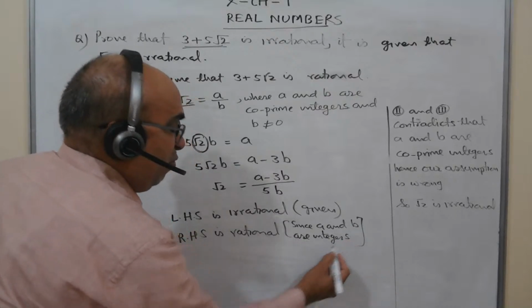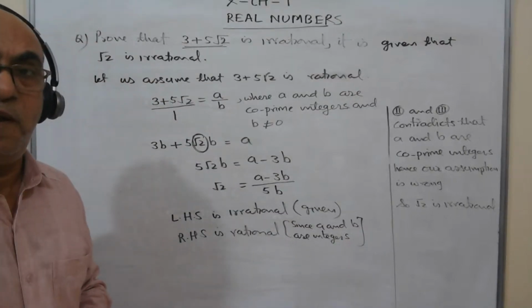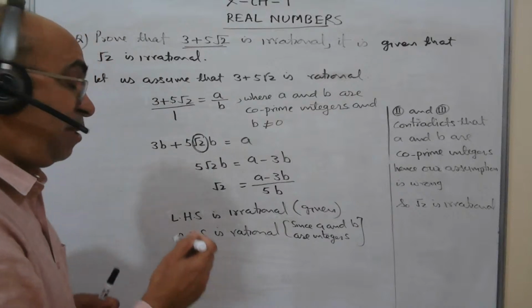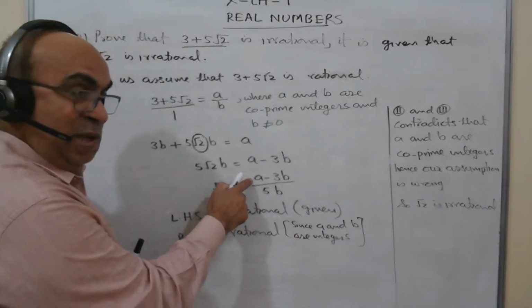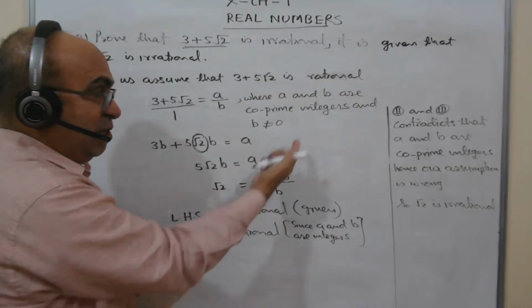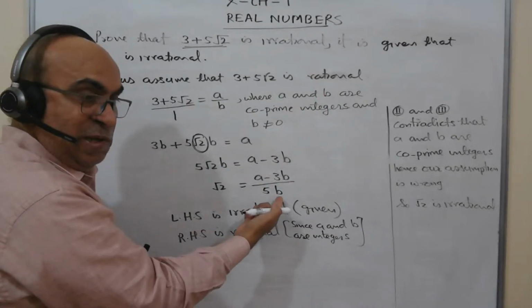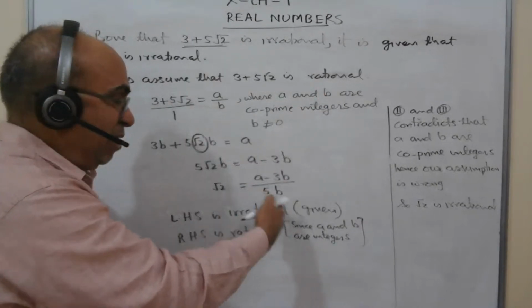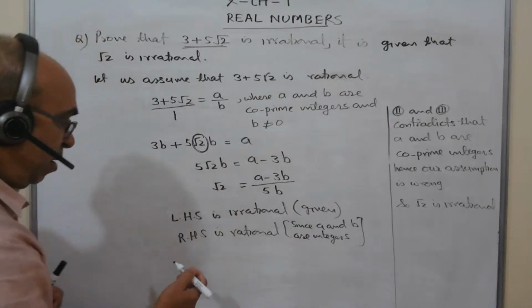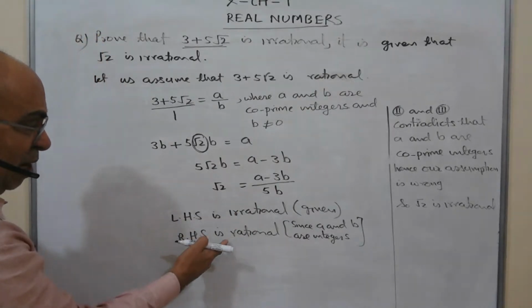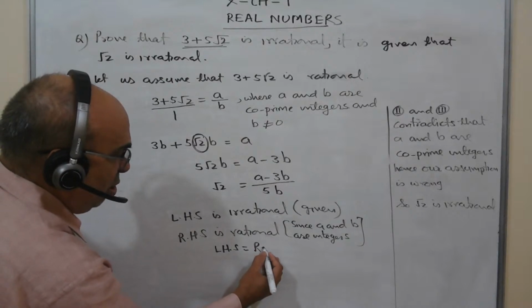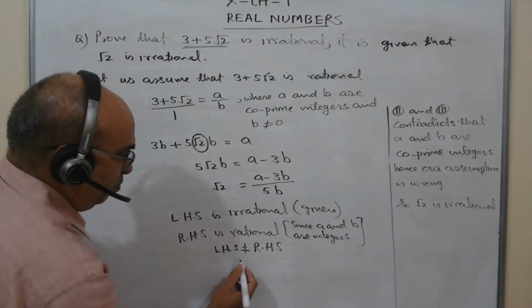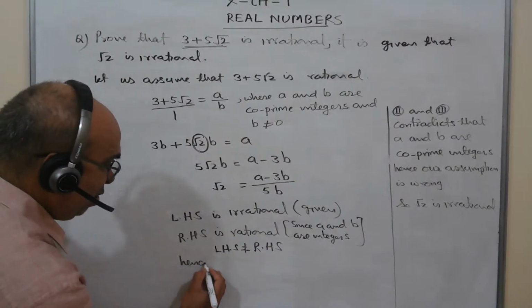In a fraction, if the numerator and denominator contain integers, that fraction must be rational. So a is an integer, 3 is an integer, b is an integer, 5 is an integer. That's why this whole thing will be rational. So it is irrational and it is rational. They never equal. So LHS is not equal to RHS. Hence our assumption is wrong.